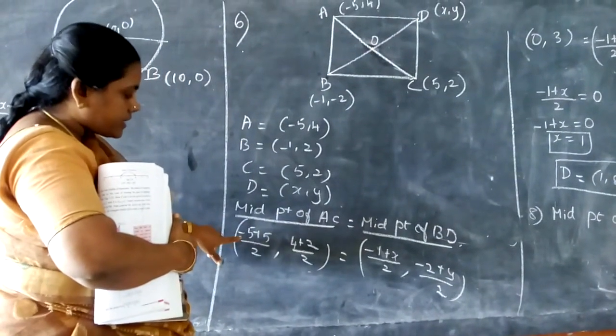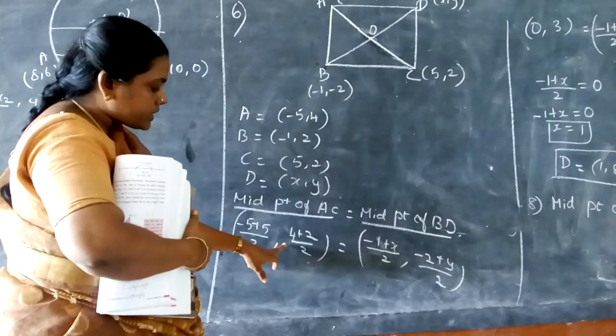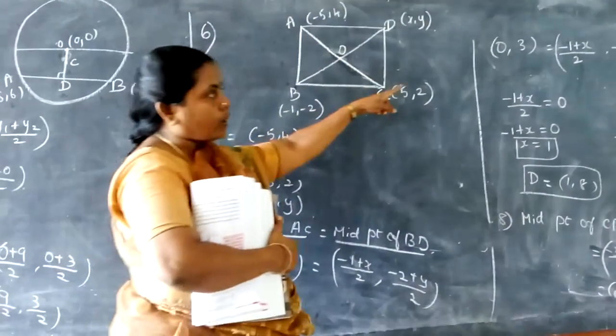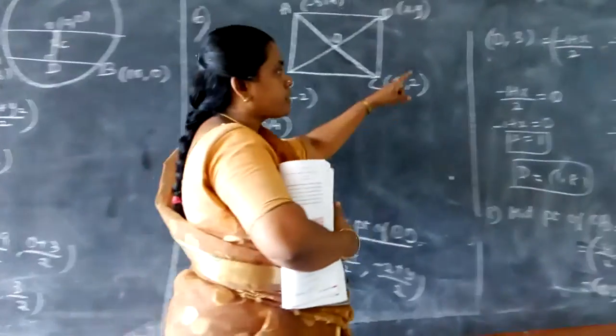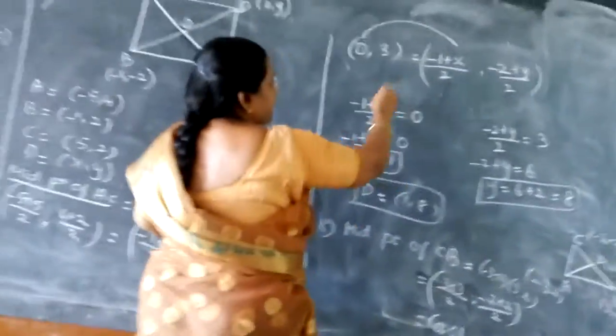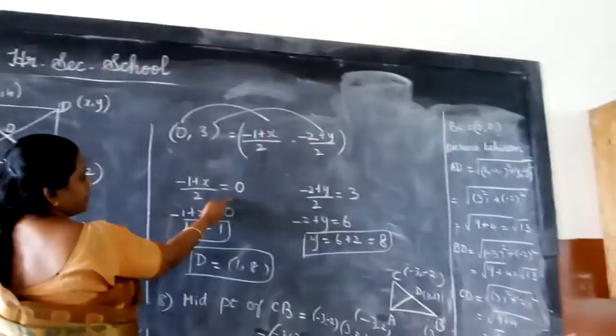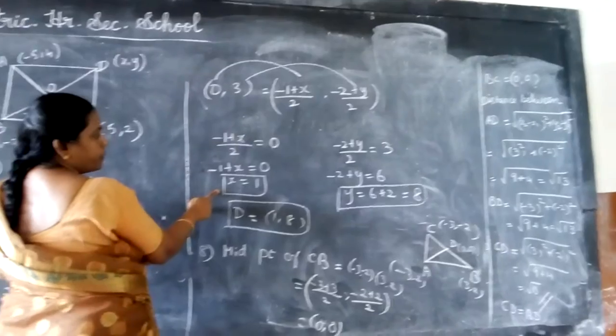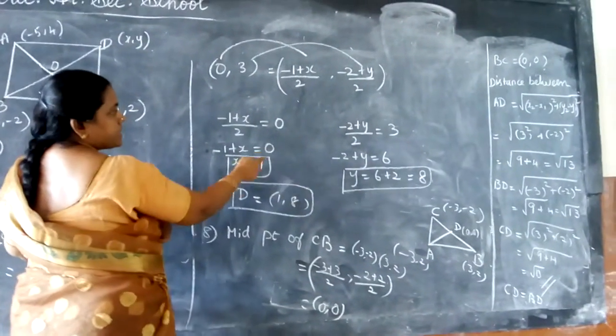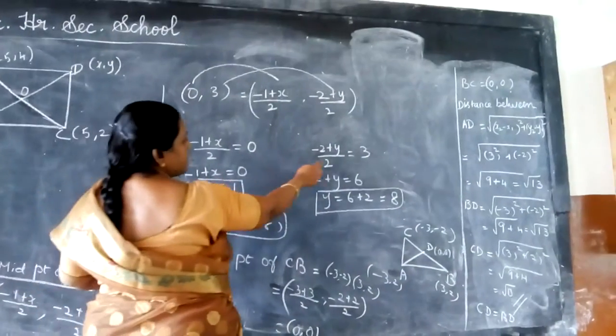When I add this, this is 0. And here this is 6 by 2, which is nothing but 3. So I have these values. Now comparing, minus 1 plus x by 2 is equal to 0, so x will be 1. In the same way, minus 2 plus y by 2 is equal to 3.